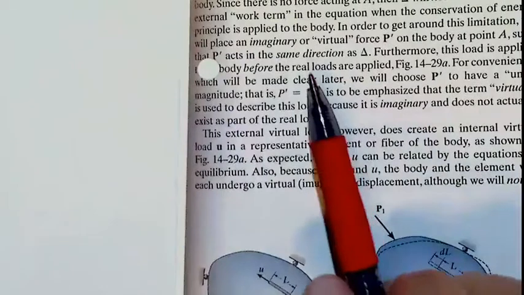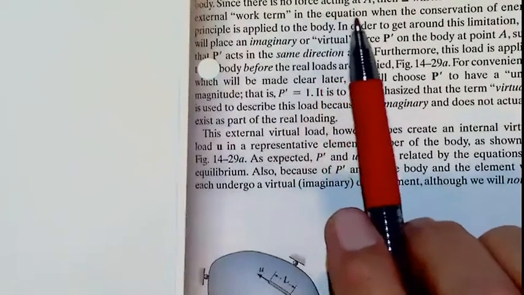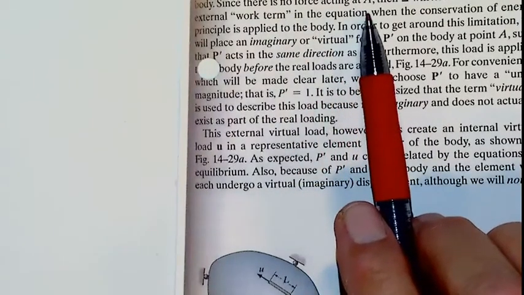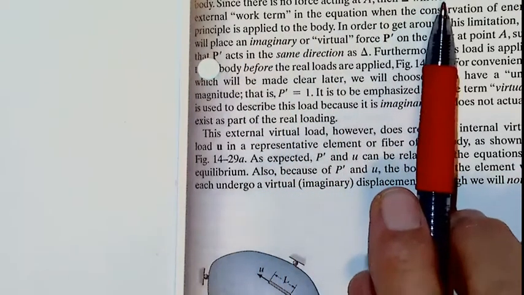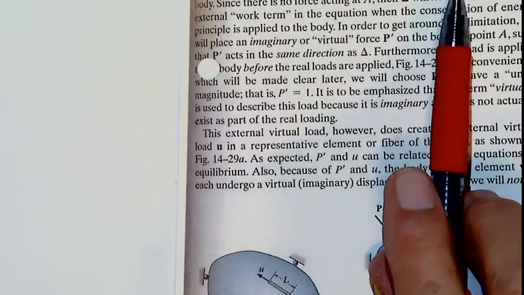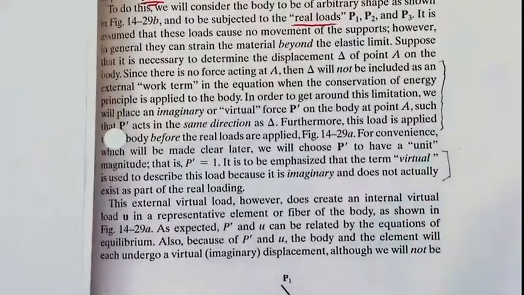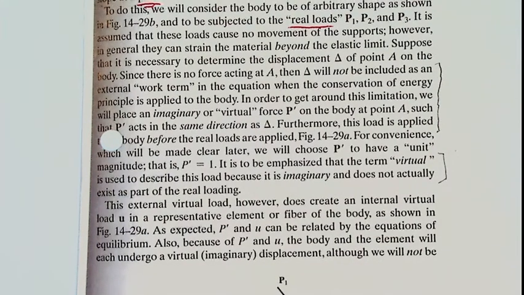Since there is no force acting on A, delta will not be included. Look, again, let us read, because you will be able to read this material. The book is freely available on the web, as we said. That is why I adopted this book, because I would like you not to have additional expense in addition to the many other expenses that you might have.